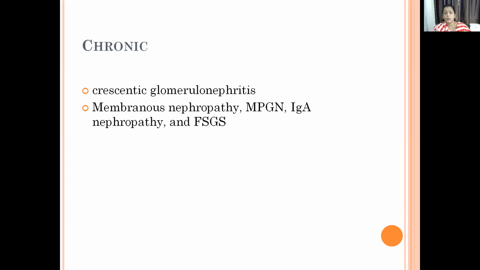They are treating sore throats very well, so that immune complex deposition in the renal parenchyma is not happening. So post-streptococcal glomerulonephritis ending in chronic glomerulonephropathy is rare but can happen. Okay. Then membranous nephropathy, MPGN, IgA nephropathy, and FSGS all may eventually progress into chronic glomerulonephropathy.